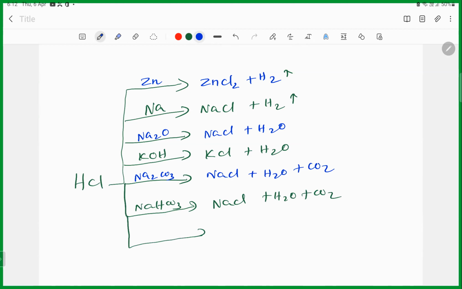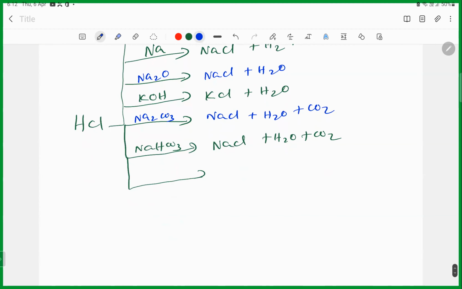When it reacts with sodium sulfite, Na2SO3, then what happens? NaCl plus H2O plus SO2.